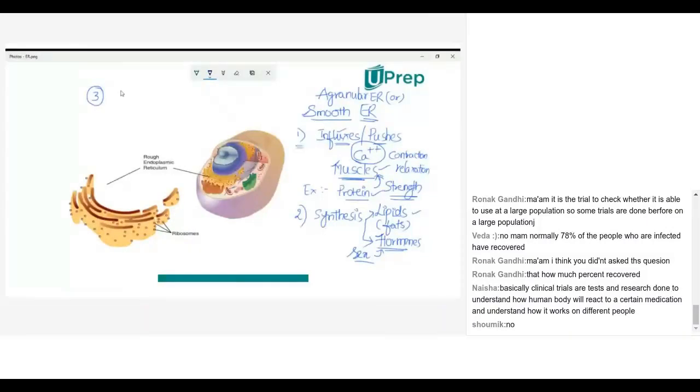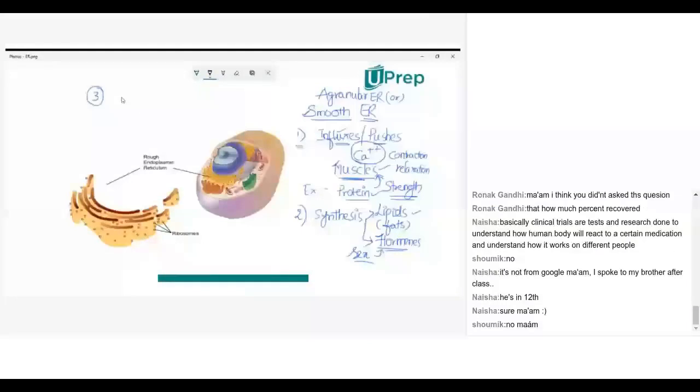Now, we'll just get into the topic. So now just concentrate over here. The other important function of smooth endoplasmic reticulum is drug intoxication. I'll explain by taking a basic example of a capsule, or you can say a paracetamol tablet.